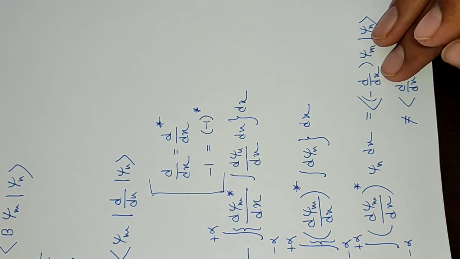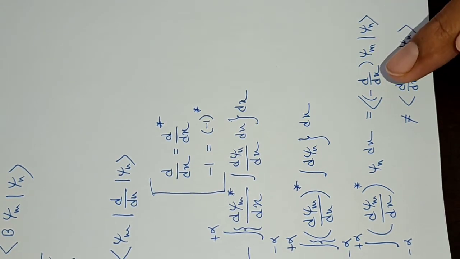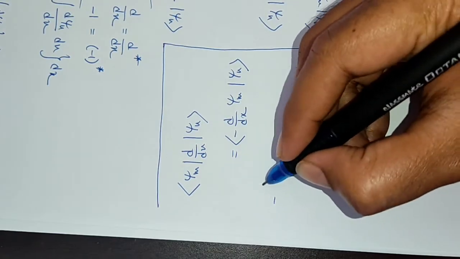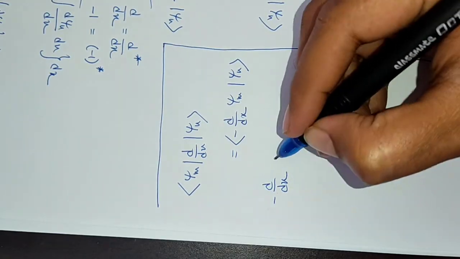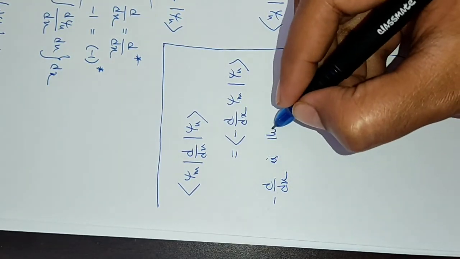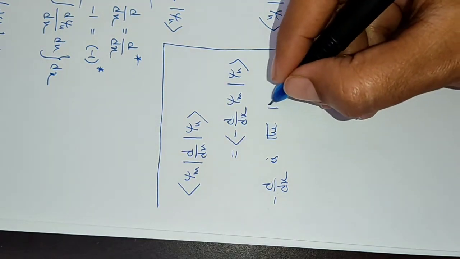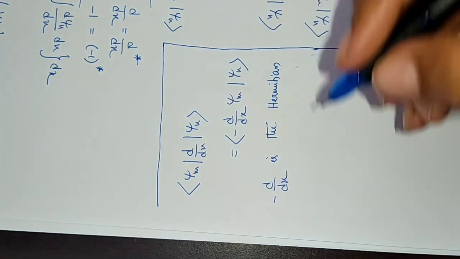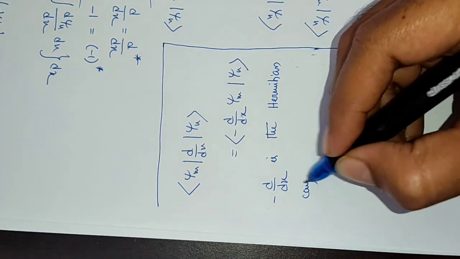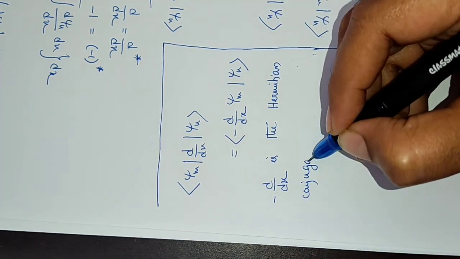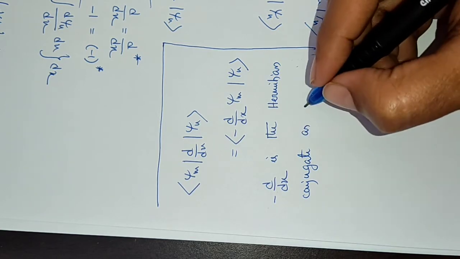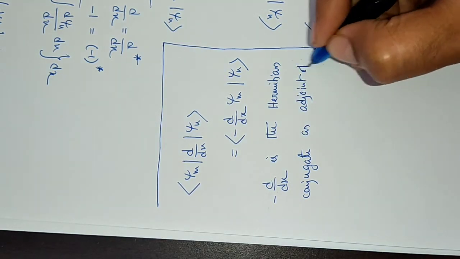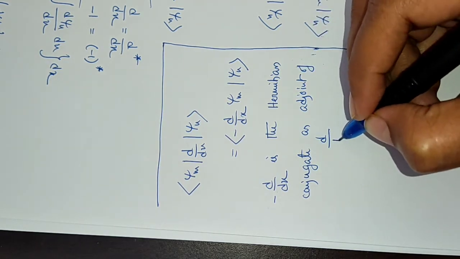So we can say that minus d/dx is the Hermitian conjugate or adjoint of d/dx.